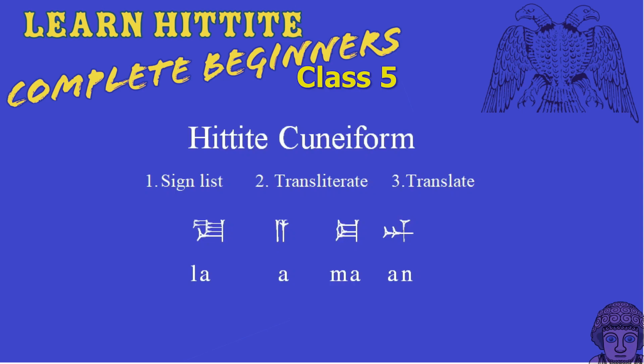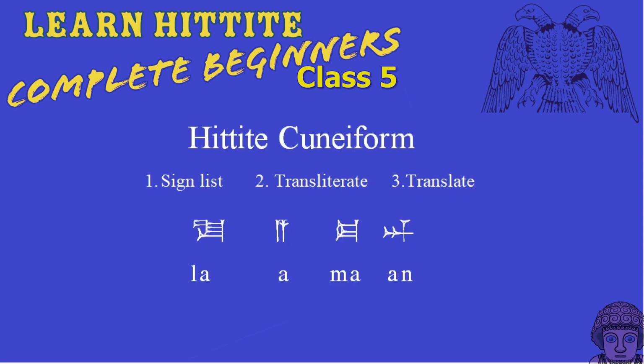But anyway, getting back to the task in hand, our goal is to take this simple Hittite word and translate it into English. In order to do that, we need to follow these 3 steps that I've displayed on this first slide for us. First thing, as we spoke about, get your sign list ready and prepared.